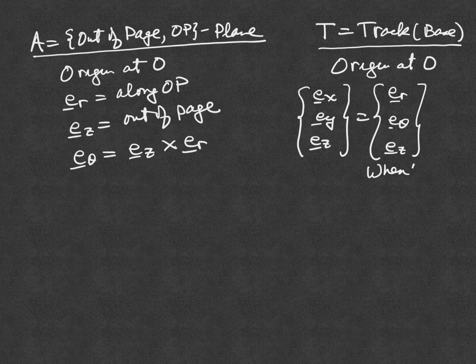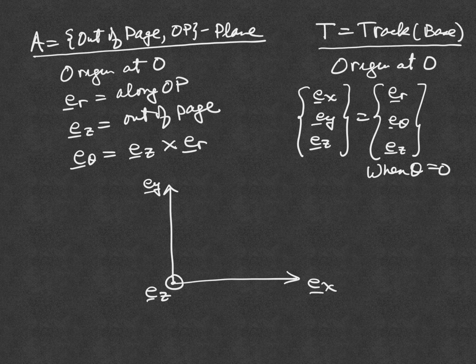when theta equals 0. So here's what the picture looks like. Here's EX, here's EY, and here's EZ, and then here's ER, and here's E theta, and again EZ.